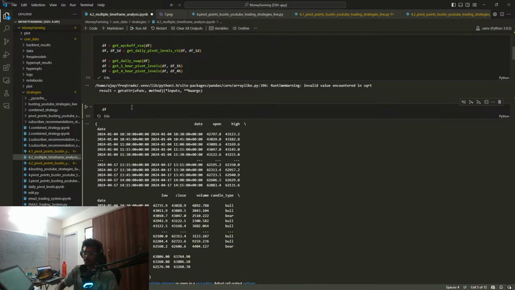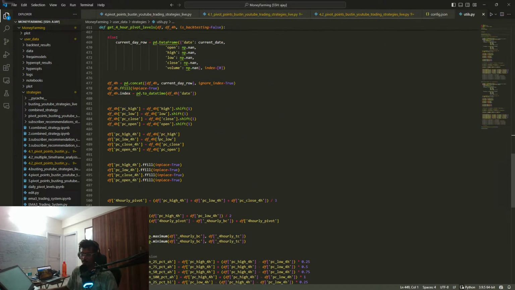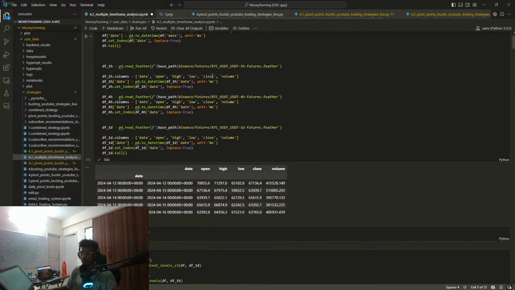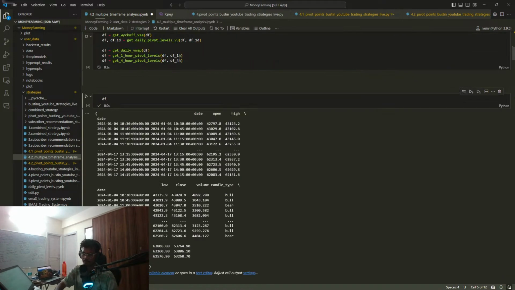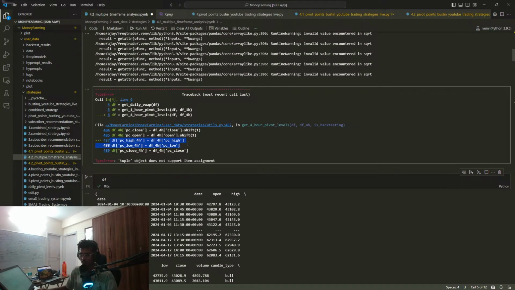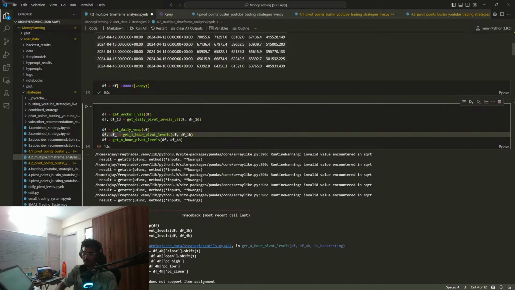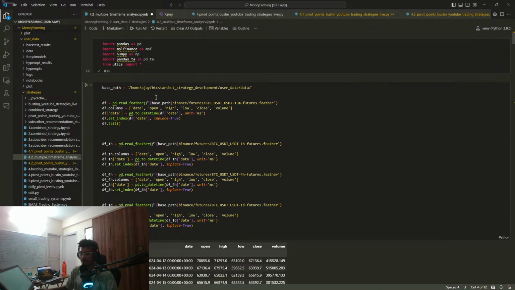So we got the data here. Tuple object, hang on.